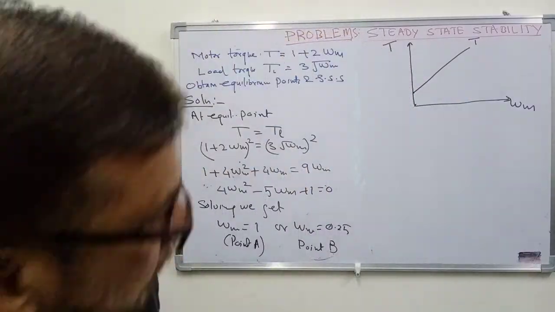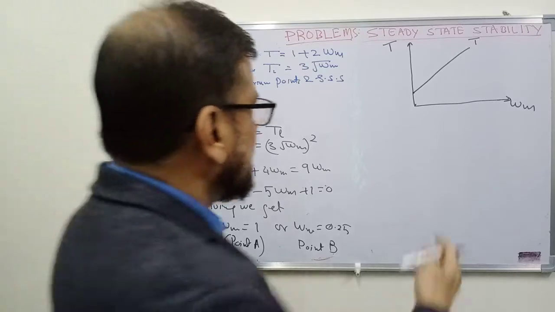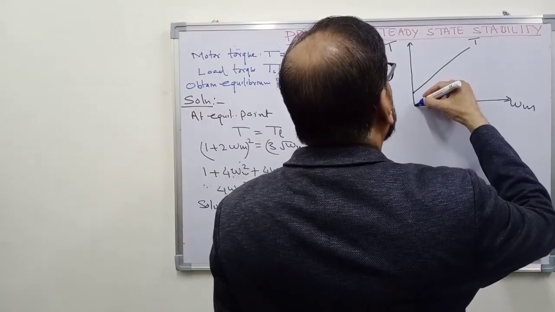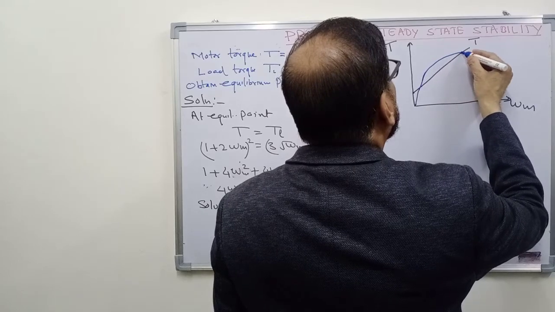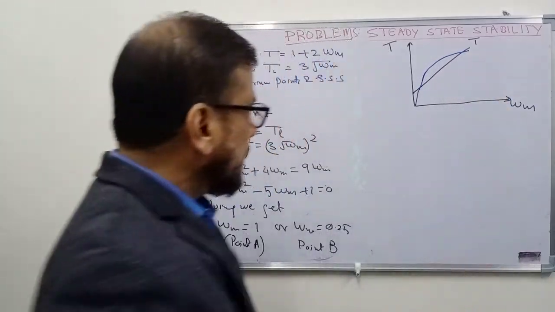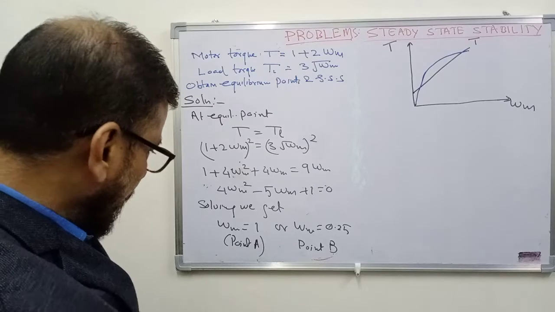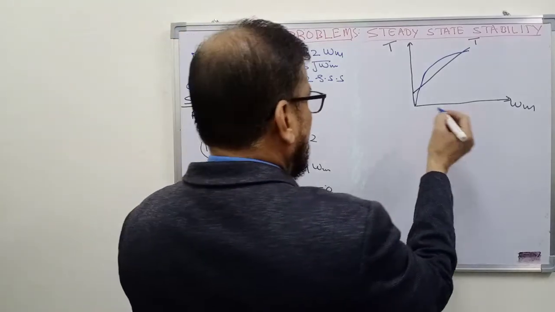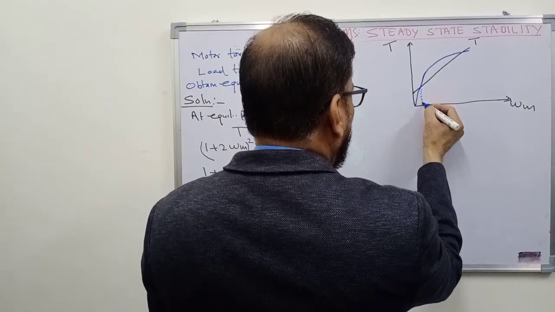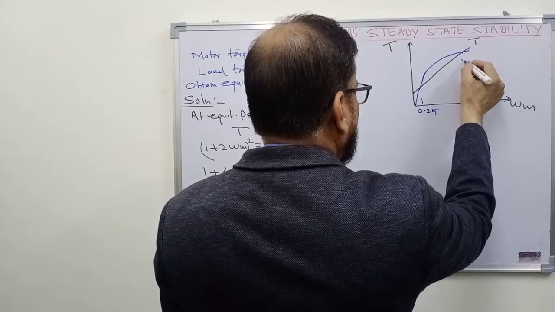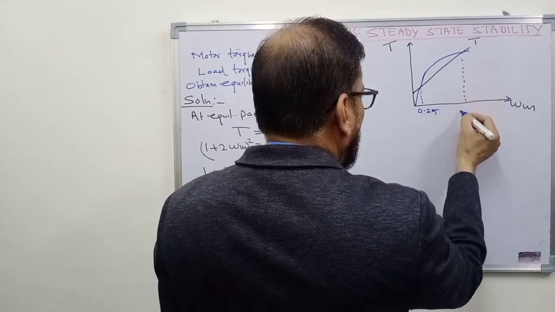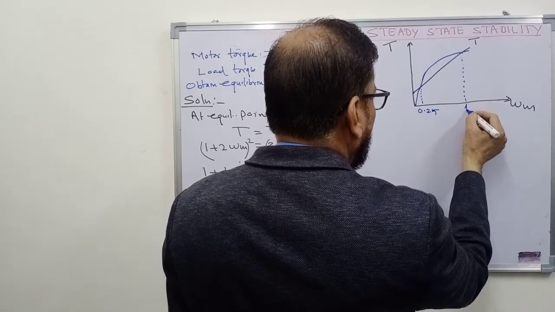Let me use a different color. So it is starting like this and it is somewhat like this. The two solutions that we have obtained: this is at omega m equal to 0.25, and the other solution comes at omega m equal to 1.